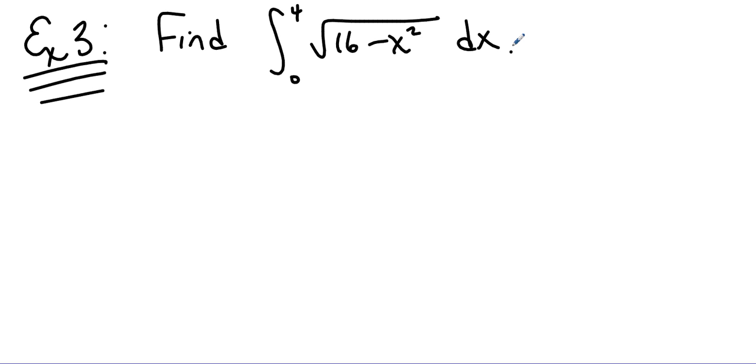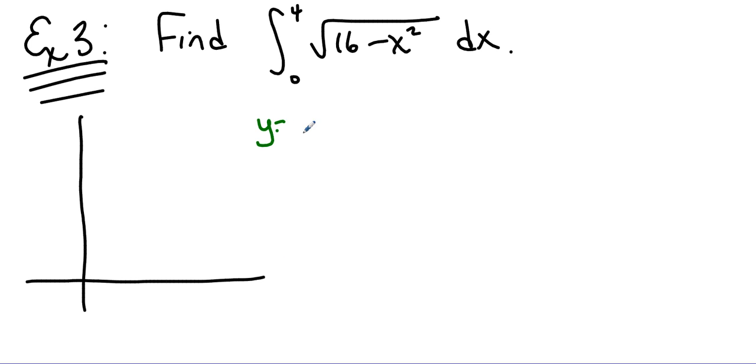Now, if you don't know what this graph looks like, then your first instinct is to break the integral interval from 0 to 4 up into n subintervals and do the f of x sub i star thing. And boy, does that get crazy because there are square roots and we don't know how to deal with square roots. But if you do know what this looks like, let's see.